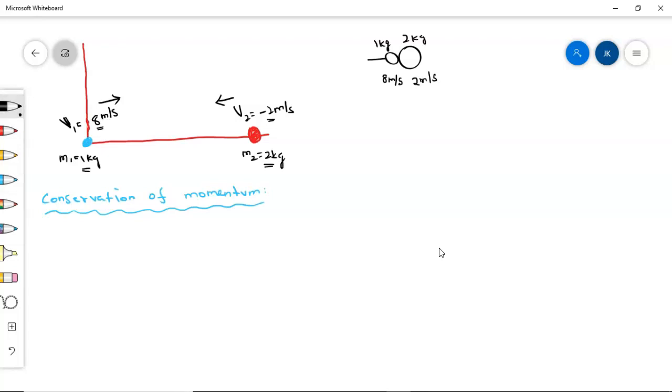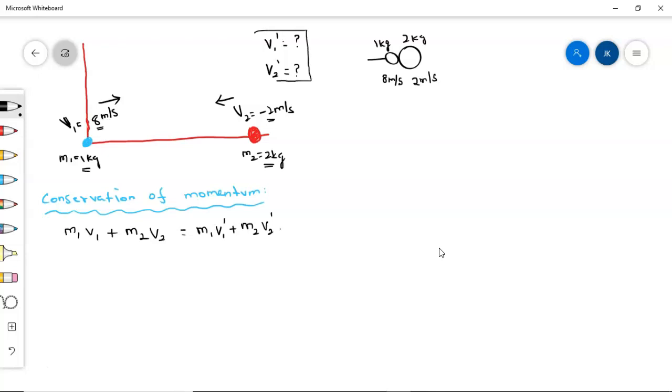So you know the formula of conservation of momentum: m1v1 plus m2v2 is equal to m1v1 prime plus m2v2 prime. In this case, we don't have v1 prime and v2 prime.